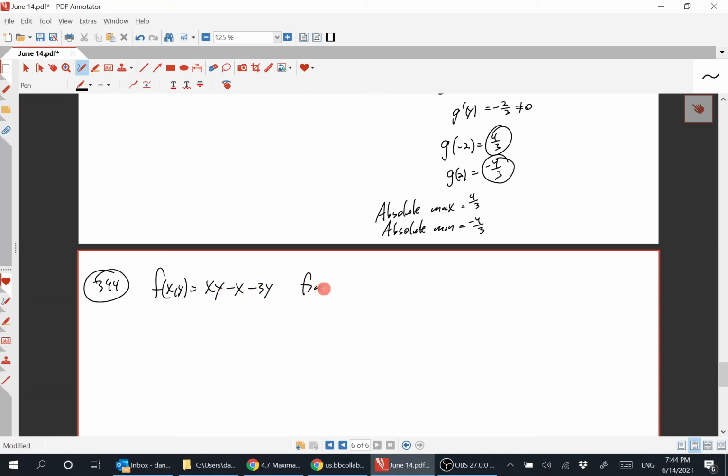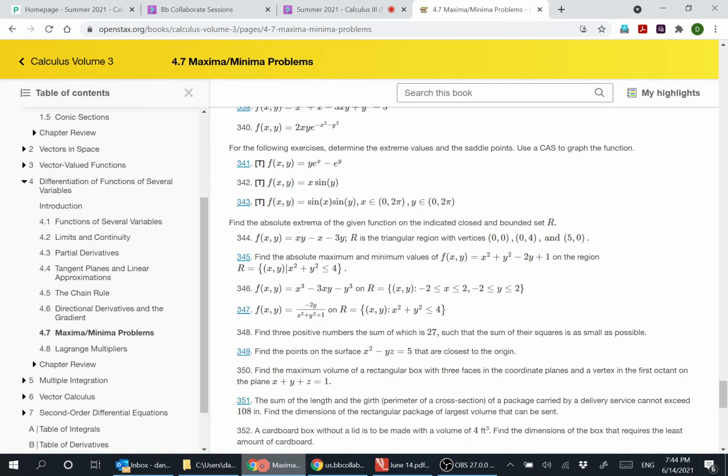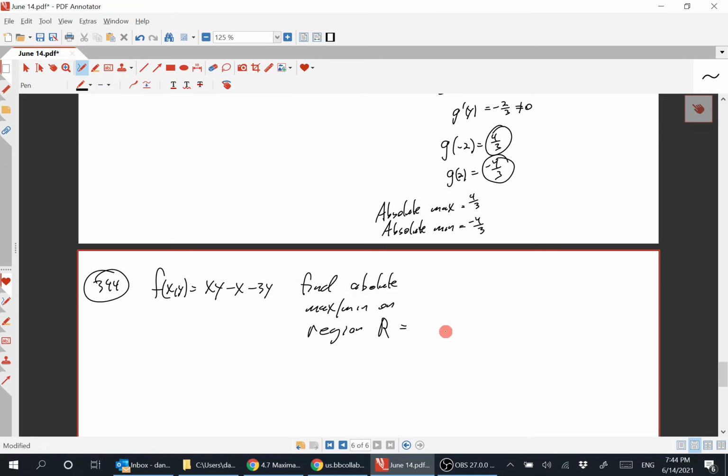All right, so find absolute max and min on region R equal to the triangle with vertices 0, 0, 0, 4, and 5, 0.